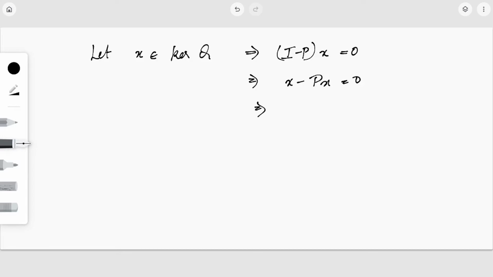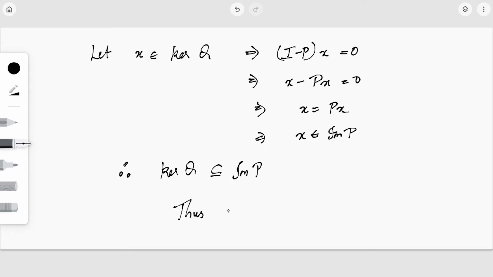This implies X is equal to Px, and therefore X is an element of image of P, again by first property. So combining these two, I get kernel of Q is contained in image of P, and we have proved the other inclusion also, and thus we get kernel of Q equal to image of P, right?